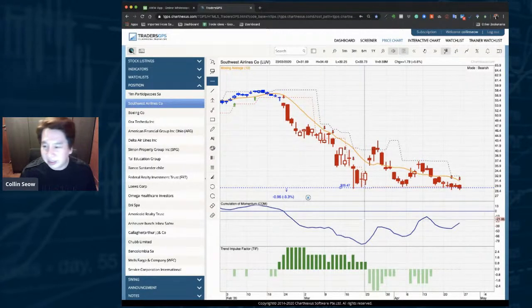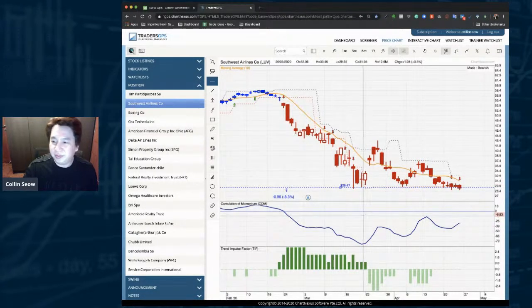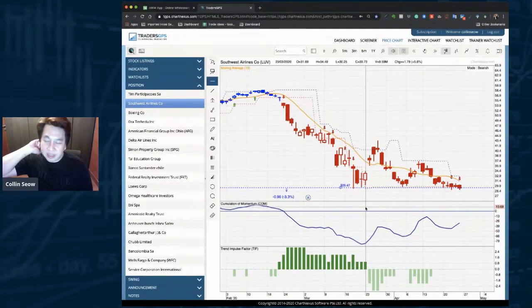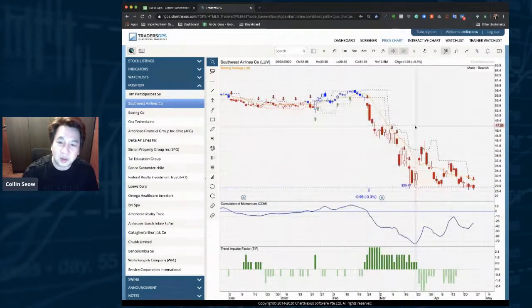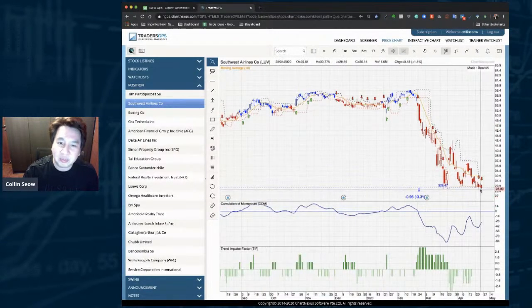Right now at this moment, what's happening to Southwestern is it's at a very critical support. Do you all agree? A stock that drops below $10 is usually considered not a stock. It's like a penny stock already for US. Yes or no? So this is a critical support. And what if this critical support breaks?